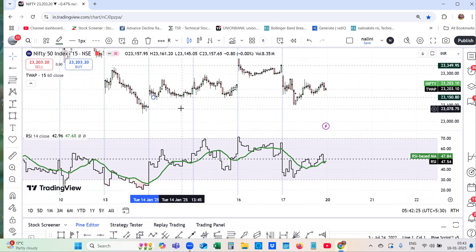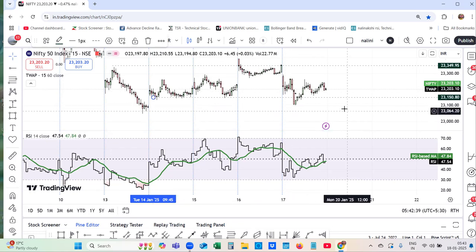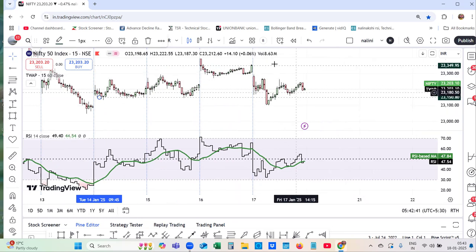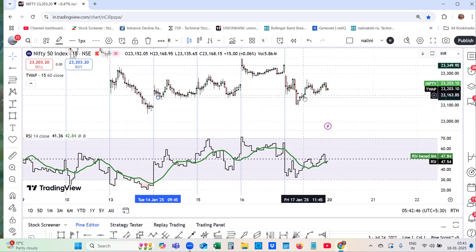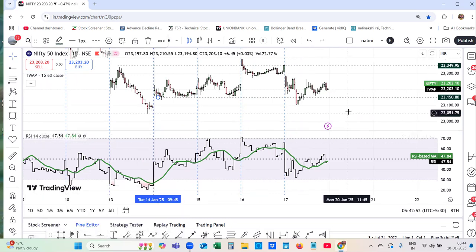So immediately when the market started coming down, it came down, it swept the liquidity. There was a swift movement in the market. This trapped the liquidity and it has reversed. Friday, we are seeing this pattern.